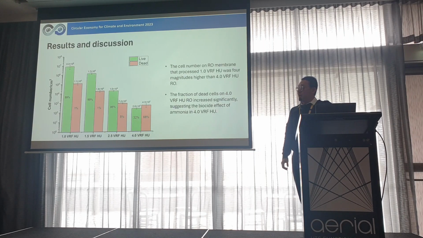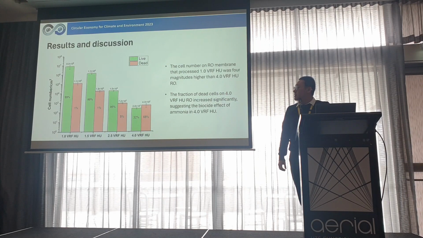So of course, we have to get some quantitative results. We can't only judge the research based on the qualitative result. So we sent the samples for flow cytometry analysis, and it showed that in the unconcentrated urine, the bacterial number on the RO membrane is significantly higher, 4 orders of magnitude higher compared to the most concentrated one.